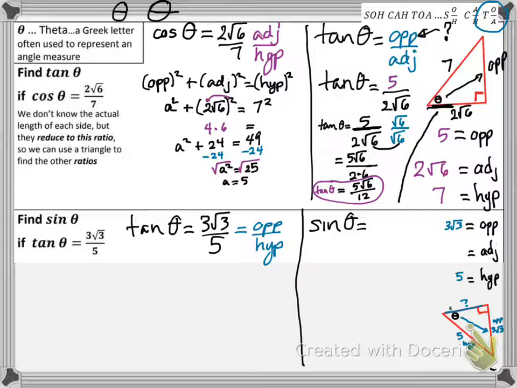This is our unknown adjacent side. I usually don't bother to draw the triangle after I've done a few of these. I need to know the sine. And sine is always opposite over hypotenuse. So I can write sine theta equals 3 root 3.